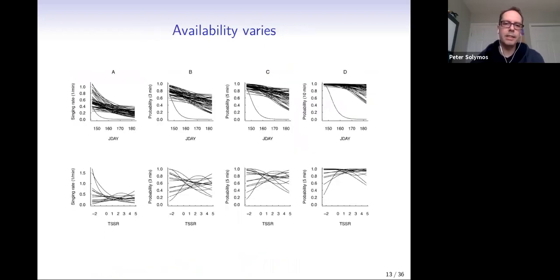Just to give you an idea how components of delta can vary, for example, with time of year, you see that early in the season it is usually higher, and later in the season it drops down. So this is singing rate per minute over days in the breeding period in Canada. And then also with time since sunrise, how it's changing for different species.